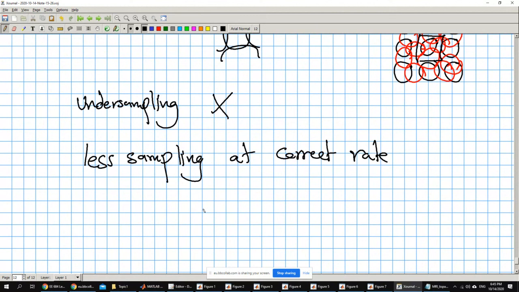For example, if I originally collected from here to here, these were like 1,000 samples, and this was the rate.